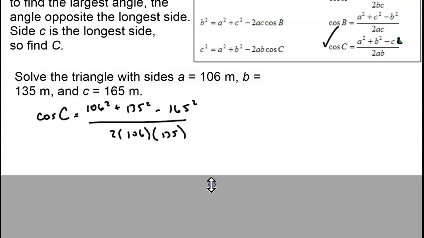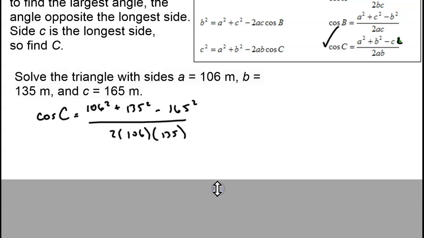Now, like I like to say, just plug and chug. So we'll write cosine C equals 106 squared.